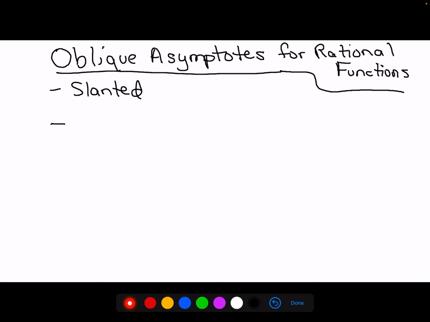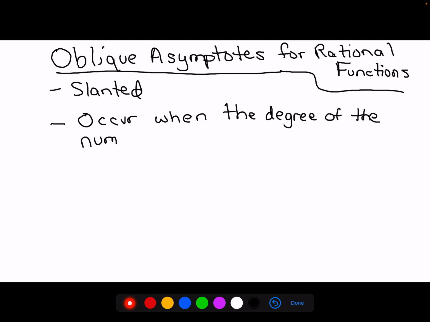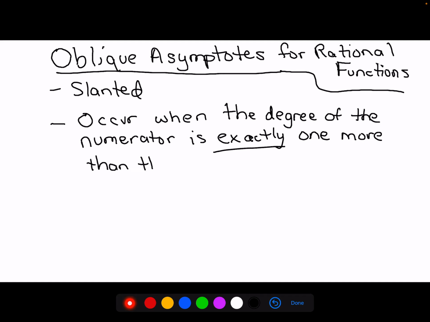And these occur when the degree of the numerator is exactly one more than the degree of the denominator.